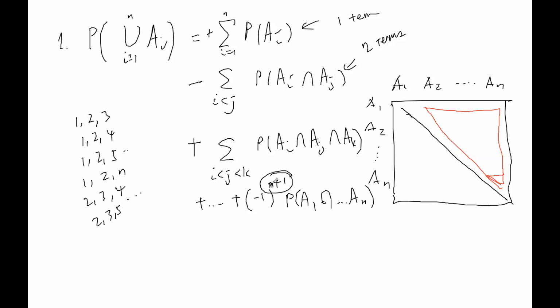If your n is odd, this will be positive. If it is even, it will be negative. All right. So to prove this, we use induction. The idea is the following.